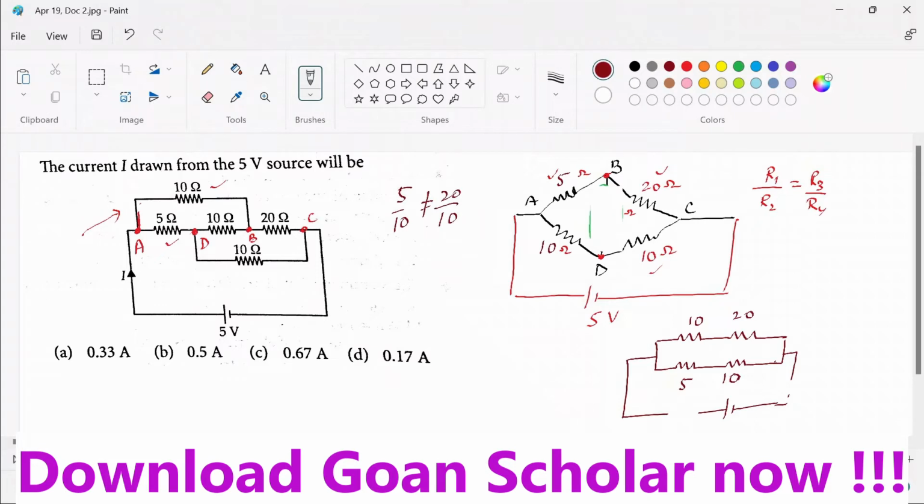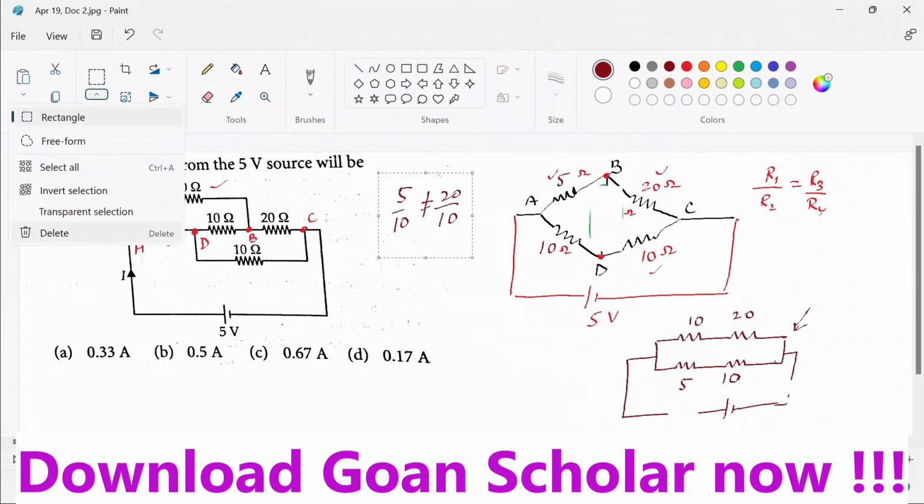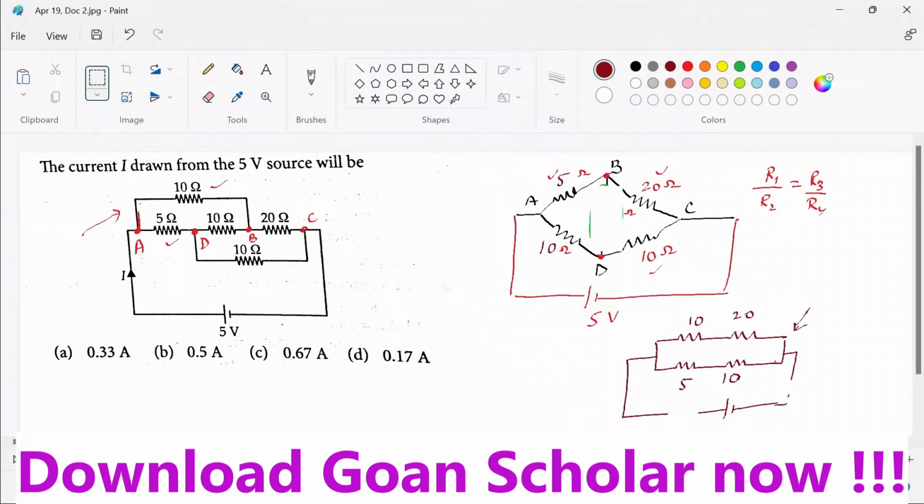And if it is not equal to that, then it is not balanced. And if it is not balanced, you can't draw this diagram. There will be some current and there you will have to use Kirchhoff's rule, voltage loop rule and like that. Clear? I hope this is clear. So let me remove this previous diagram and let's draw here. Let's deal with this.